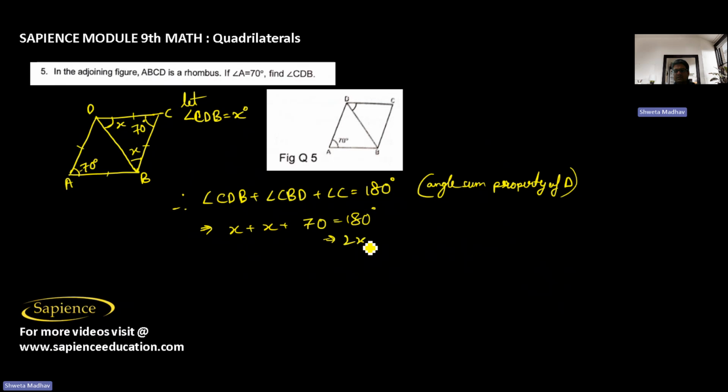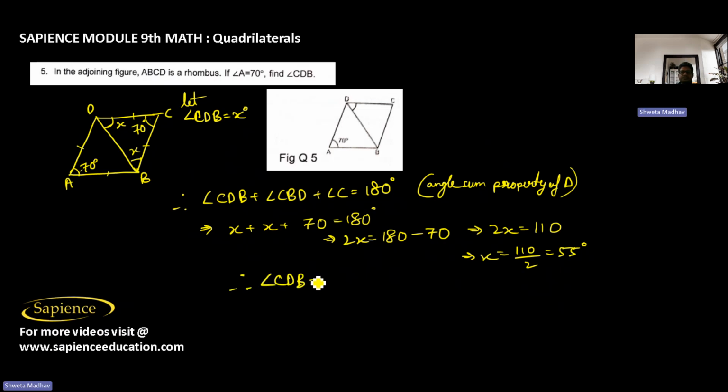Therefore 2x equals 180 minus 70, so 2x is equal to 110 degrees. Therefore x will be equal to 110 divided by 2, that is 55 degrees. So angle CDB is equal to 55 degrees.